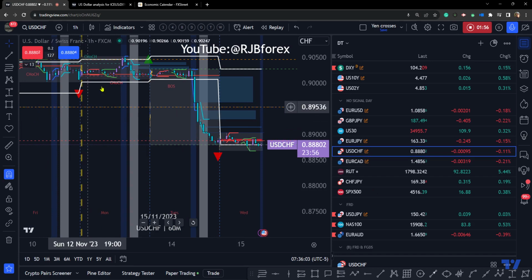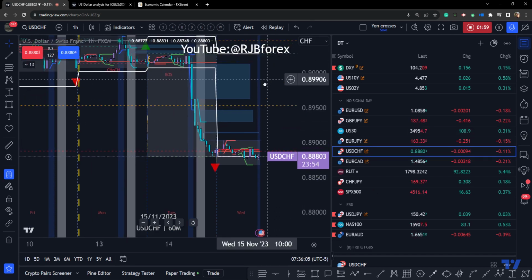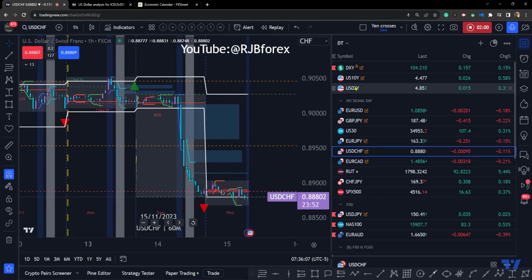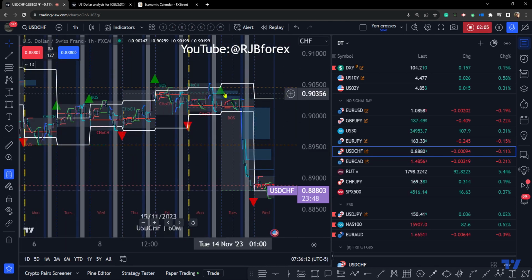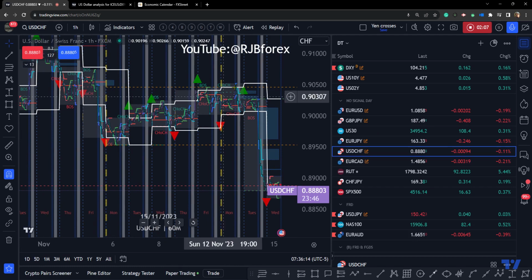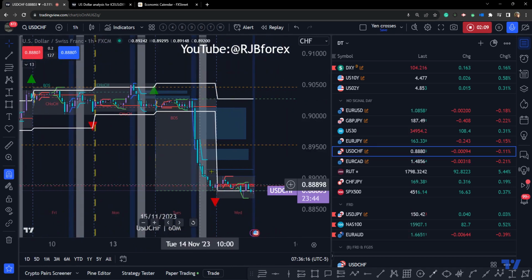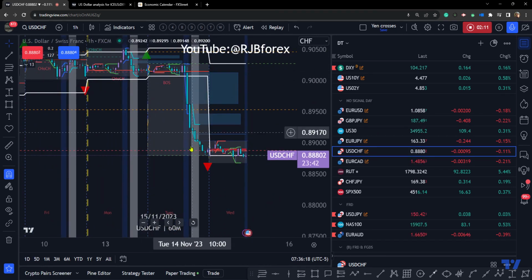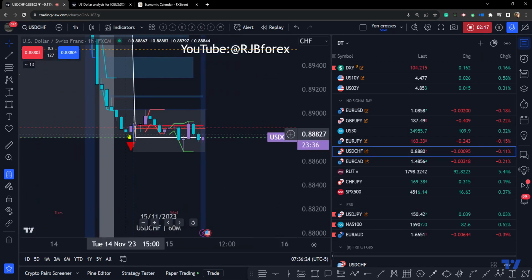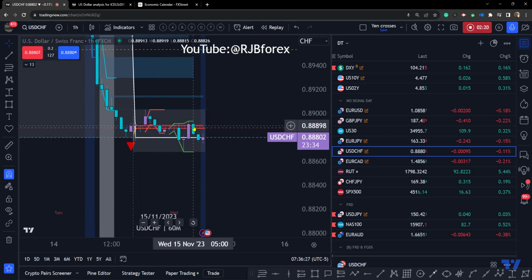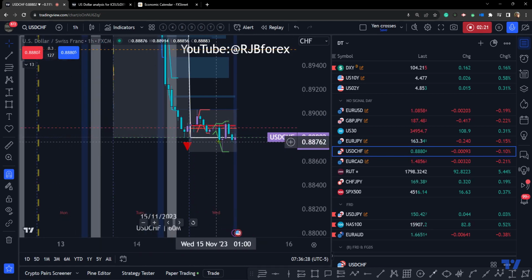Looking here, we got a first red day in dollar Swiss. We had a scenario where it'd been pumping up for some time. It's crash landed, giving us that first red day signal day. The price is currently staying below the closing price, and it's also broken the low of yesterday.